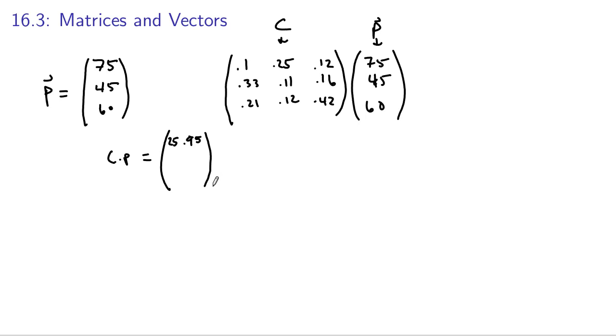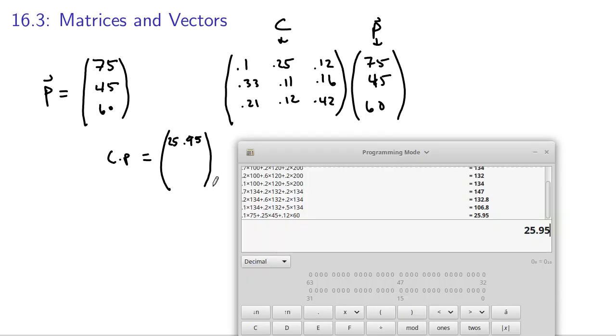Looks like I may have gotten the number wrong here. So it's 0.1 times 75, 0.25 times 45, 0.12 times 60. Very interesting. So it looks like the book has some typos.